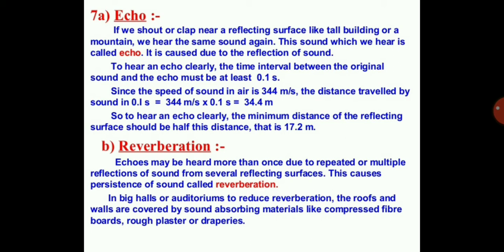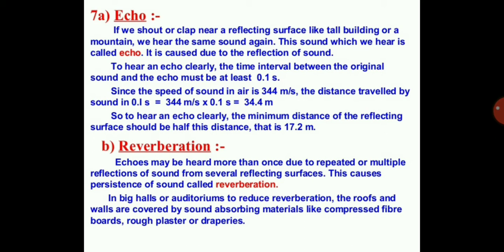You must be standing at a distance of 17.2 meters, and only then can you hear the echo, because the travel of your sound to the reflecting surface must take at least 0.1 second.